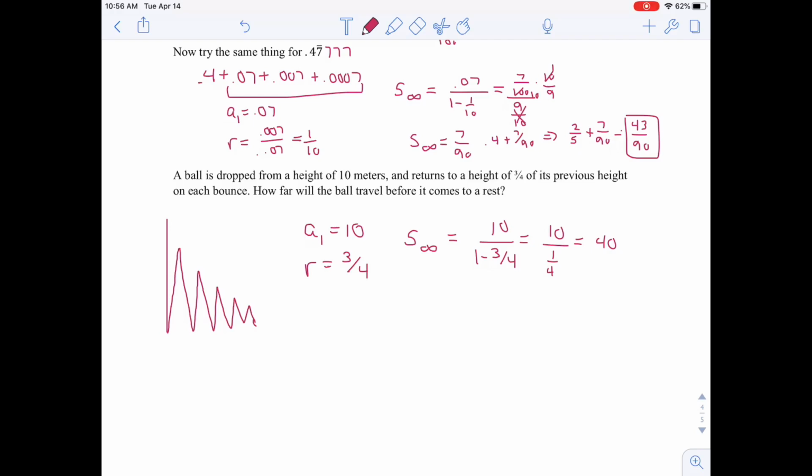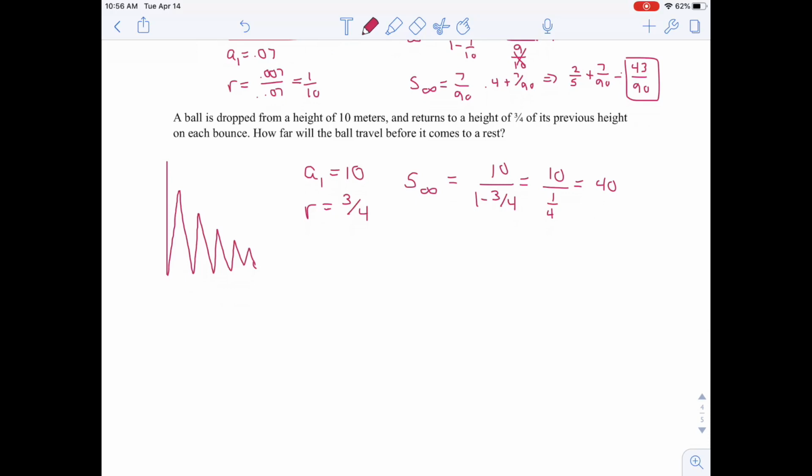Okay, but what we got to take into account here is this is just doing one of the directions. It's dropping at 10, then dropping at 3/4 of that, then 3/4, then 3/4. Okay, so we need to take into account the fact that it is going up and down. Okay, so we have 40, this would be one direction plus 40 of it going the other direction, because if you notice, we double everything here, up and down, up and down, the same amount each time.